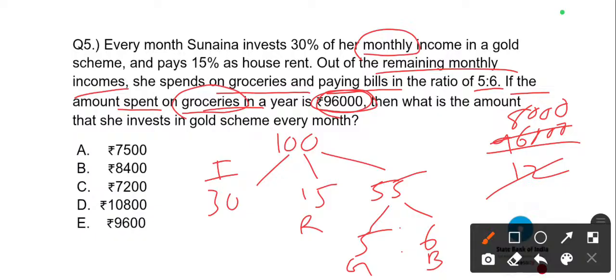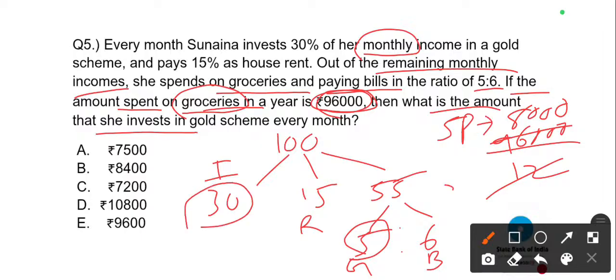Okay, does anyone have the answer? We have reached our answer. Now the question asked is, what is the amount she invested in the gold scheme? So we got that 5 parts value is 8,000. Now we need to find the 30 parts value.